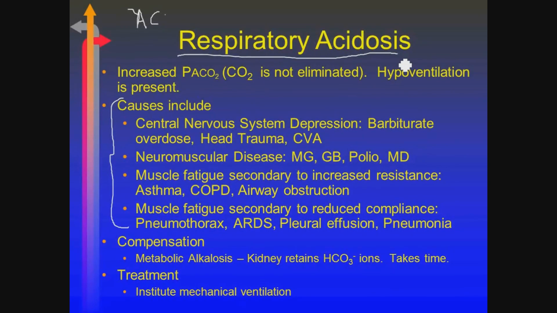So it uses the other system to go in the opposite direction. Think of it as a scale. If one side tips, respiratory acidosis, the body is going to try to tip it the opposite way to get it back to a normalized pH.